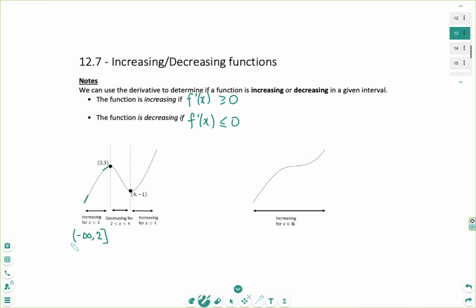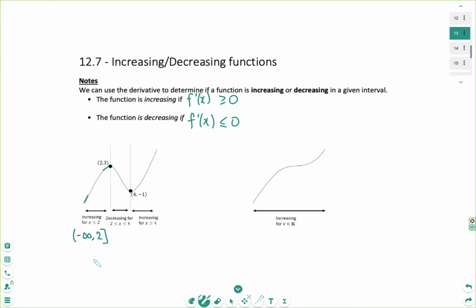Now why do we not include negative infinity? This is not really related to this chapter, it's more like outside knowledge. We're not including it because negative infinity is actually not a number, it's more like a concept. You can't put a finger on a number line where infinity is, because there's no such number.